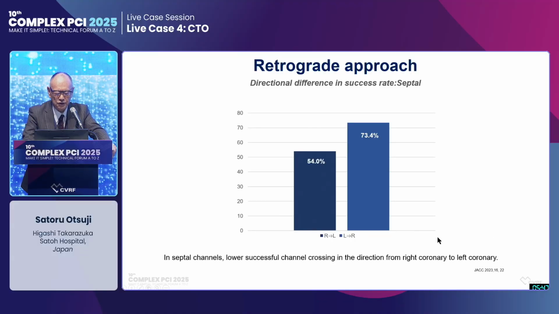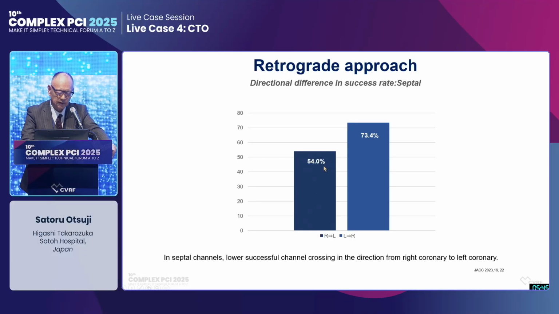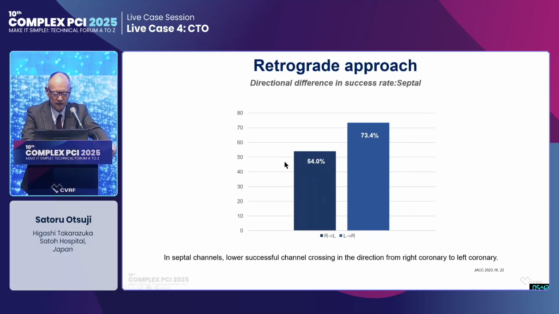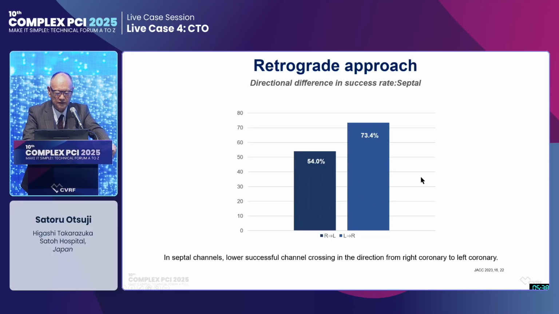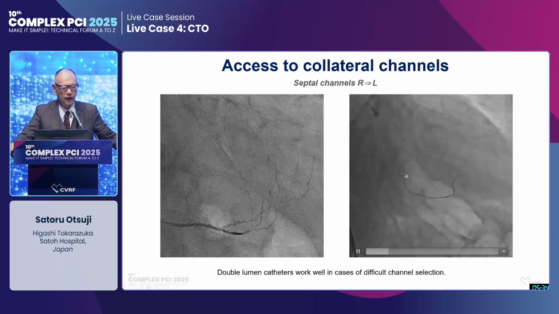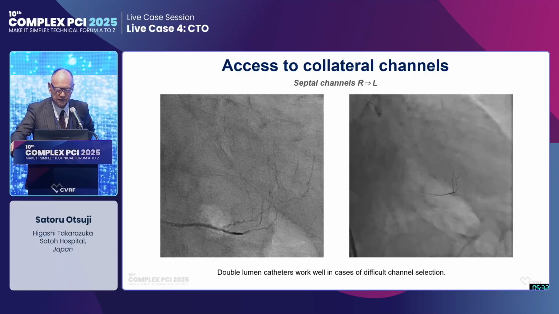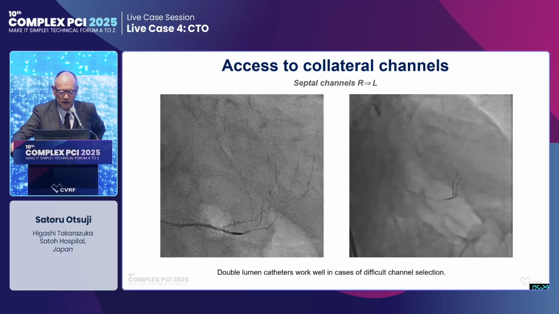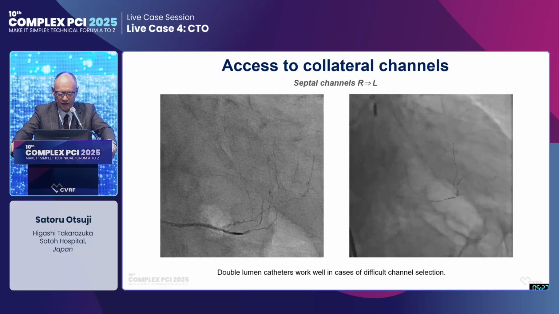This study exactly shows the difficulty of the right-to-left collateral channels. I'd like to show that we have some room for success of guide wire crossing in this type of channel.